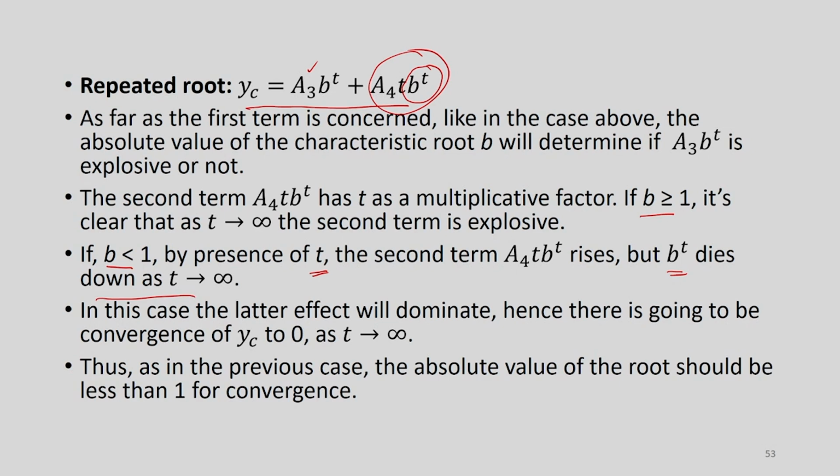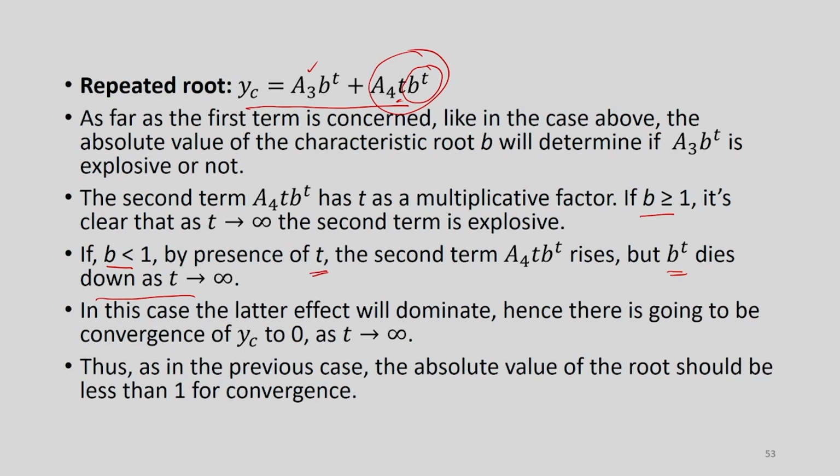If the absolute value of b is less than 1, then b to the power t dies down, but this is being multiplied by small t and t is rising. So, in this case, what will happen to the entire term? The latter effect will dominate, that is b to the power t. Hence, there is going to be convergence of YC to 0 as t goes to infinity.